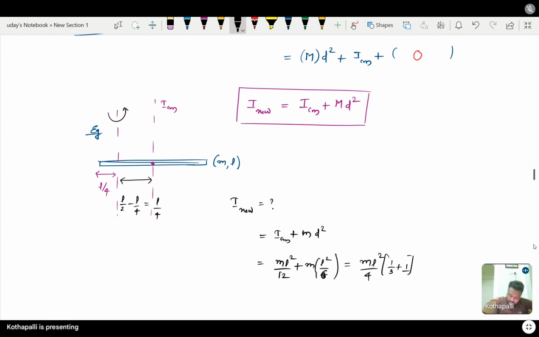Here it will be 1 by 3, and here 1 by 4, isn't it? So m L square by 4 into 7 by 12, isn't it? So 7 m L square by 48 kg meter square.